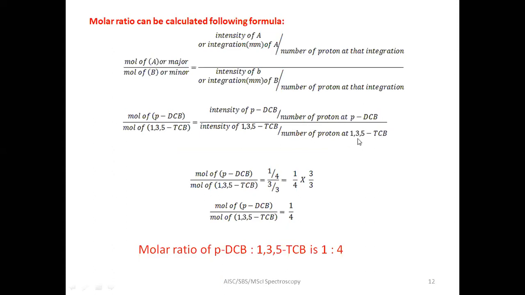So the intensity is 1, the number of protons in dichlorobenzene 4, divided by the intensity of 1,3,5 which is 3, and the number of protons for trichlorobenzene is 3. So it becomes 1 by 4 into 3 by 3, so it becomes 1/4. The molar ratio is 1:4, that is 1 mole of para-dichlorobenzene and 4 moles of 1,3,5-trichlorobenzene present.